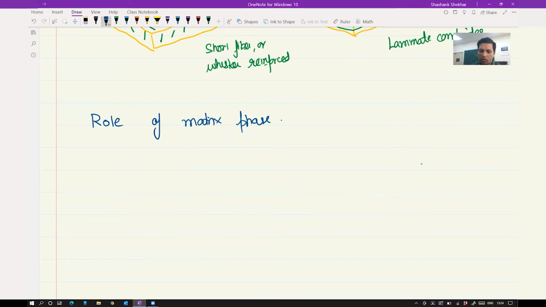And based on this, you would see why we don't use so many ceramic matrix composites. One of the primary purposes of the matrix phase is to provide the bulk form. Now, if the bulk form is from a ceramic, then of course it being brittle in nature will also impart that brittleness to the component.